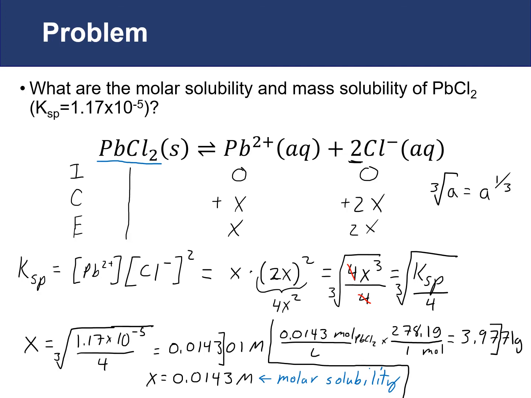And so our mass solubility would be equal to 3.98 grams per liter, right? So what this is telling us is that if we have a liter of solution, the maximum amount of lead chloride that we could get to dissolve in it would be 3.98 grams into that 1 liter.